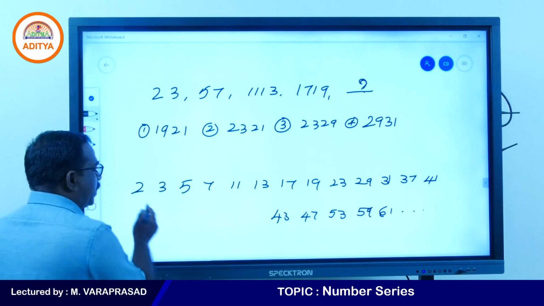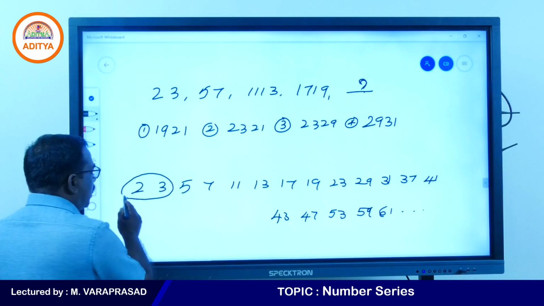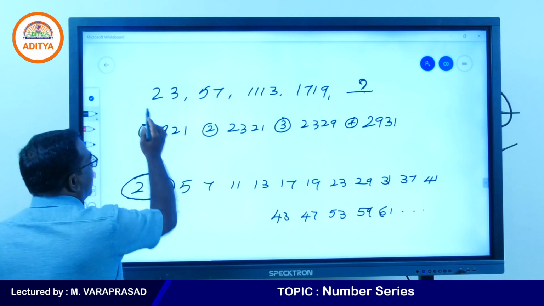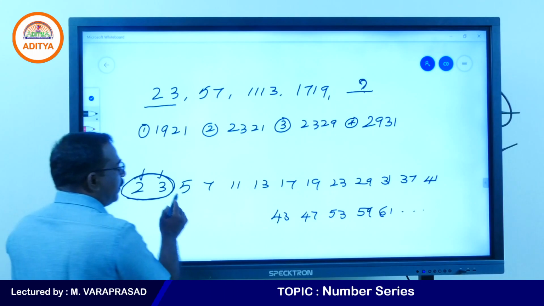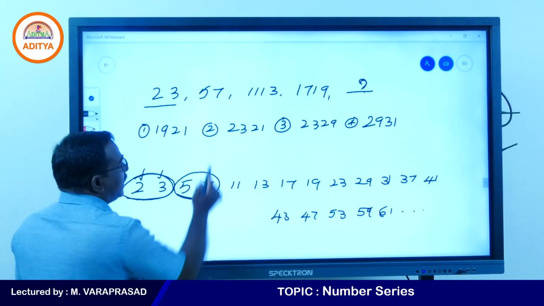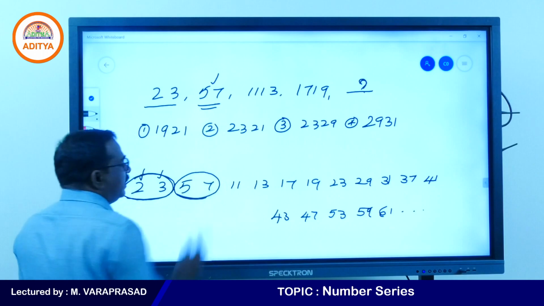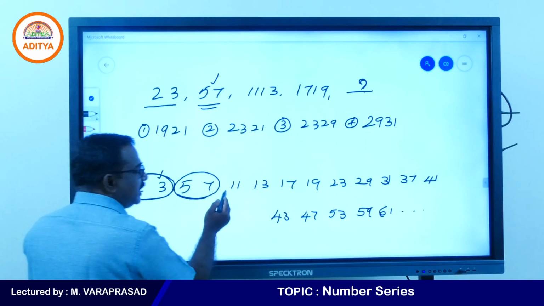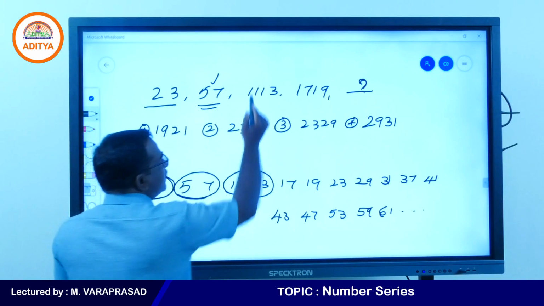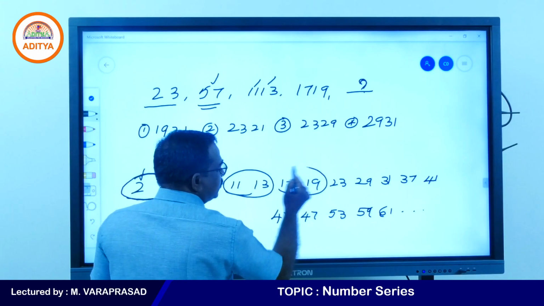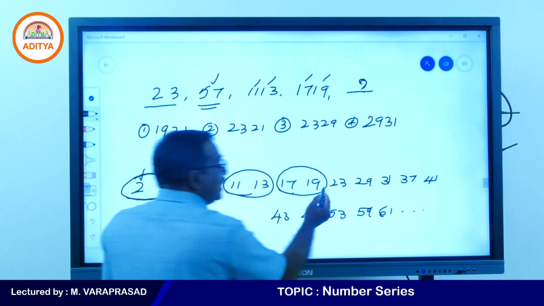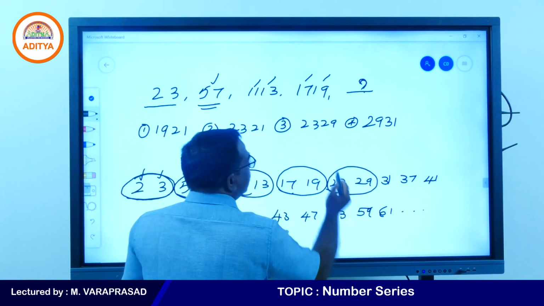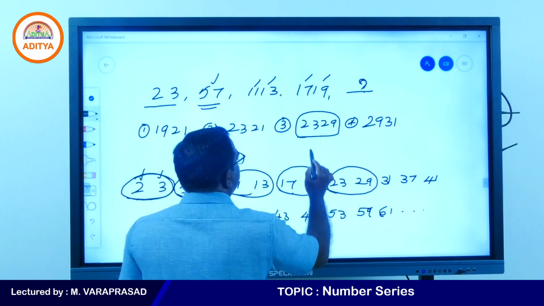Successive prime numbers: a pair of successive prime numbers is taken as 23, another pair as 57, then 11 and 13 are taken, then 17 and 19. So next you will get 23 and 29. Option number 3.